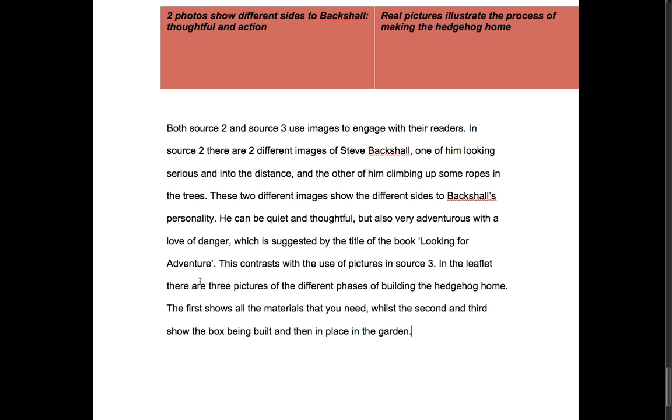Again, I'm missing the all-important third sentence here, the explanative part, so I just need to put that in. These 3 pictures, and in the order they are, help to guide the reader through making of the hedgehog box or the hedgehog home.